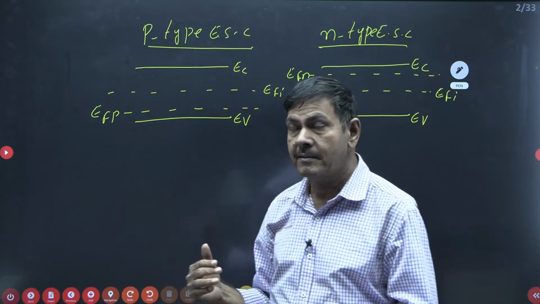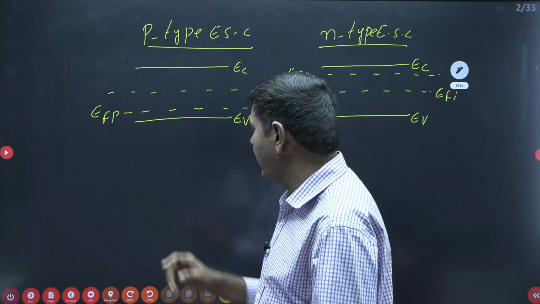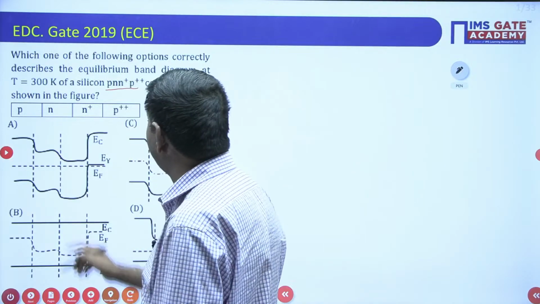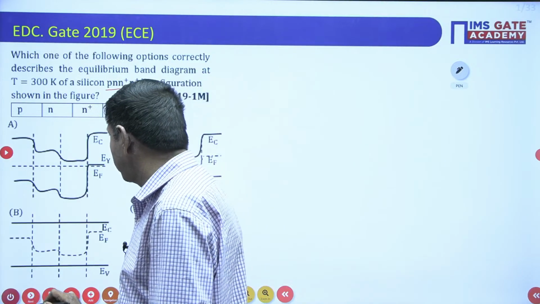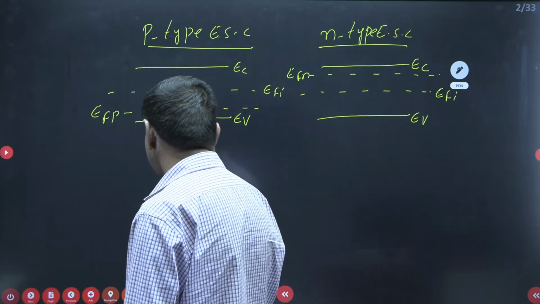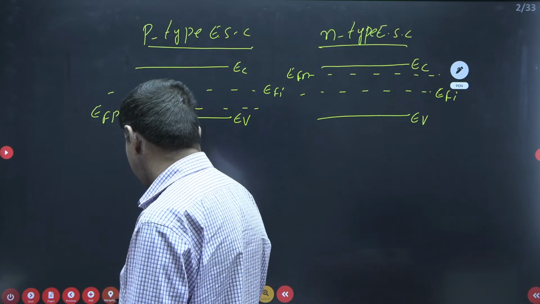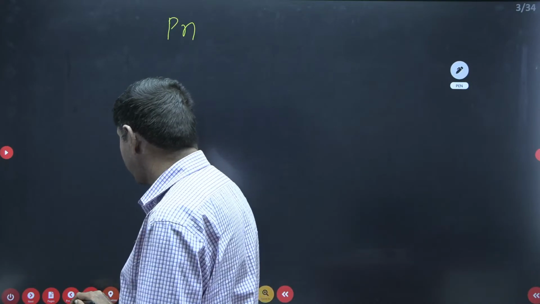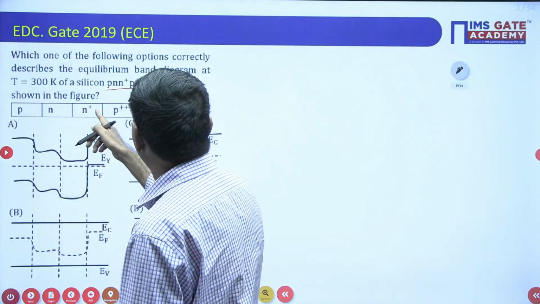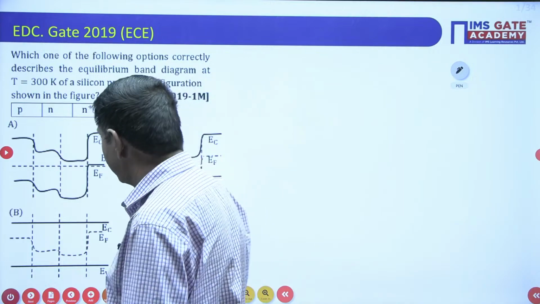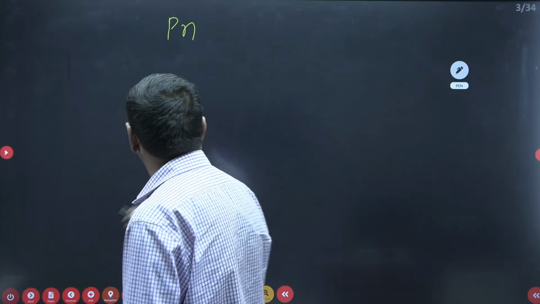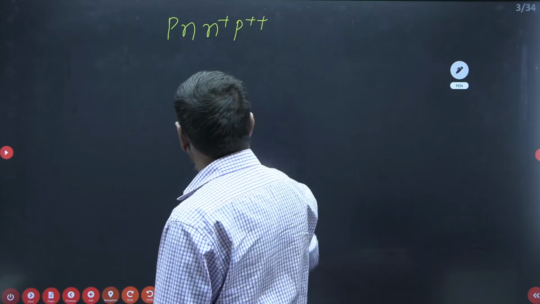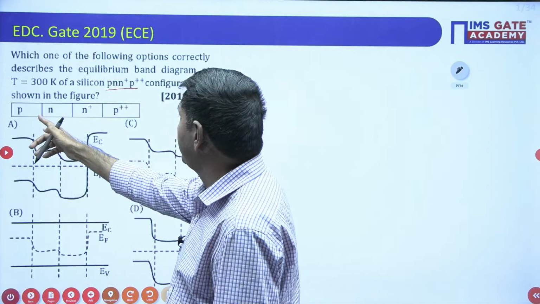Now we can take the given problem and draw the energy band diagram for it. What's given? PN, and also n plus and p double plus.